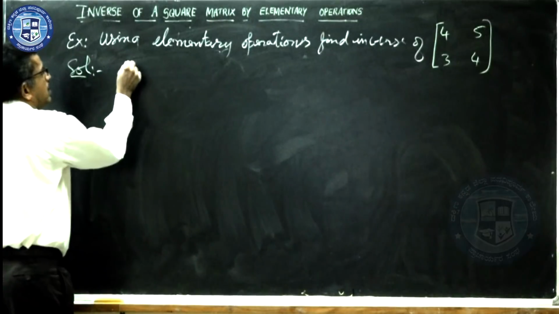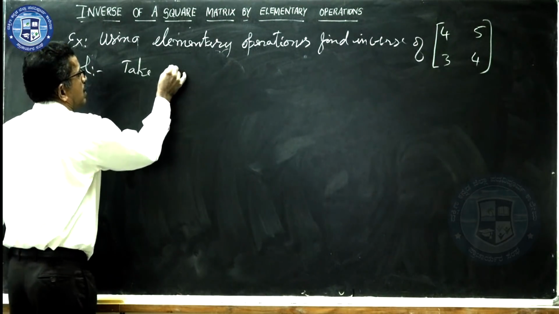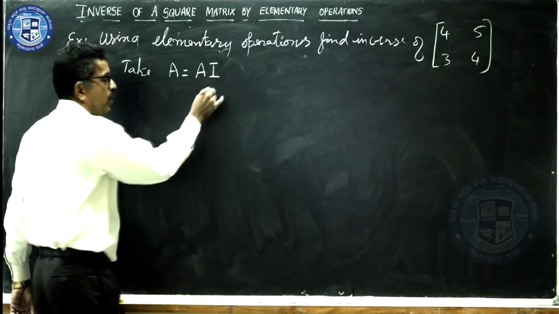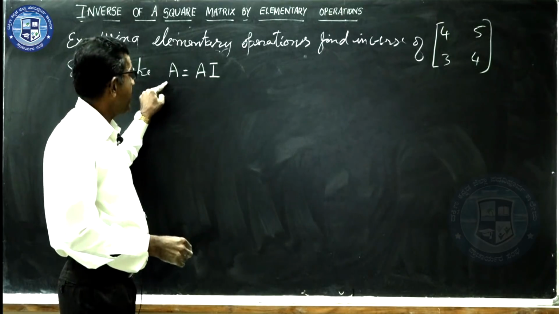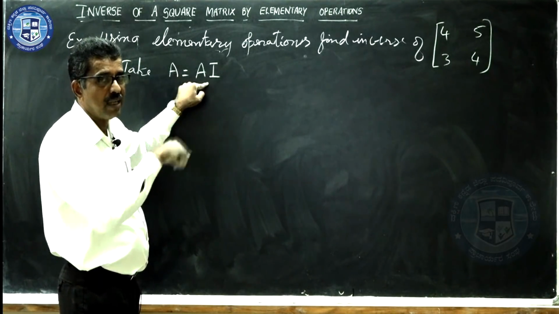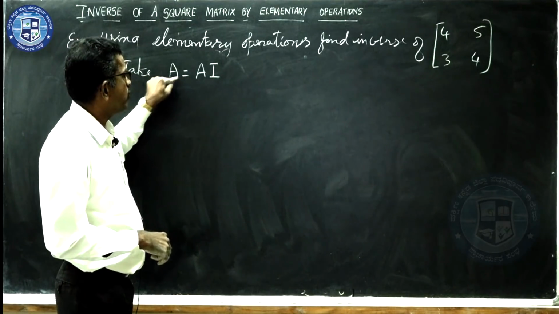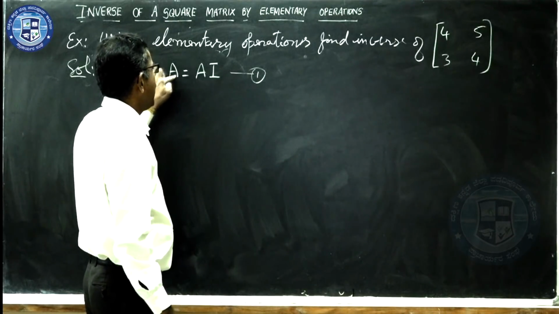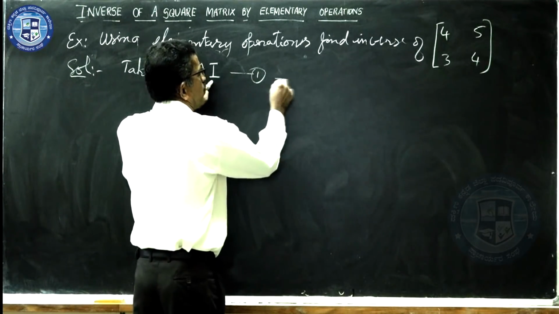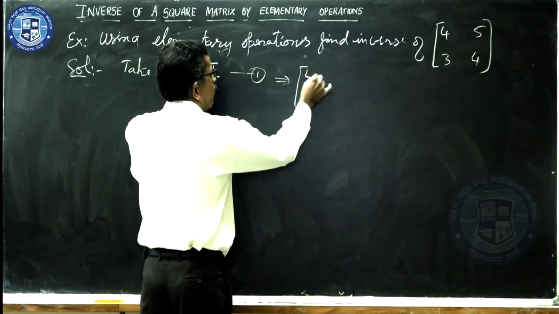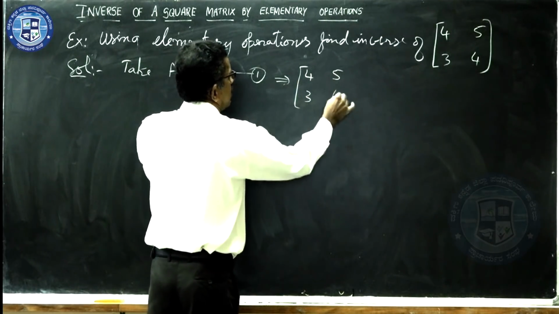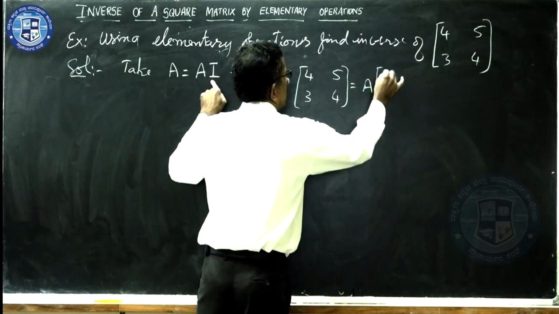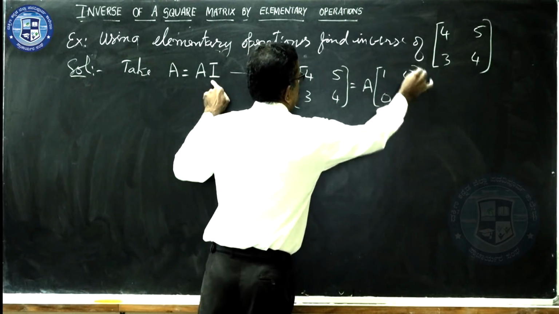To begin with, we will take A is equal to A into I. When you apply elementary row operation, you have to take A is equal to I into A, but since we are going to apply elementary column operation, I need to take A is equal to A into I. Let me replace that A and this I. We expect here, which further implies, what is A here? 4, 5, 3, 4 is equal to A, I will keep as it is, I 1, 0, 0, 1.